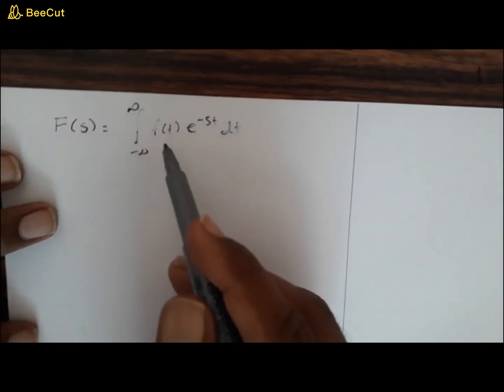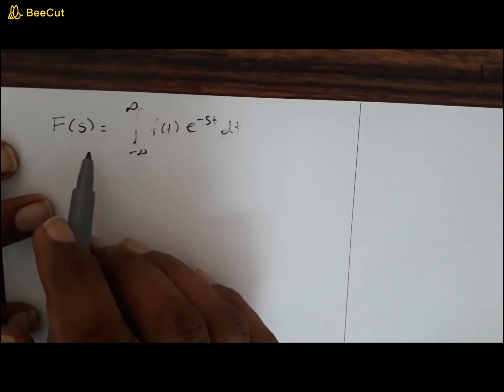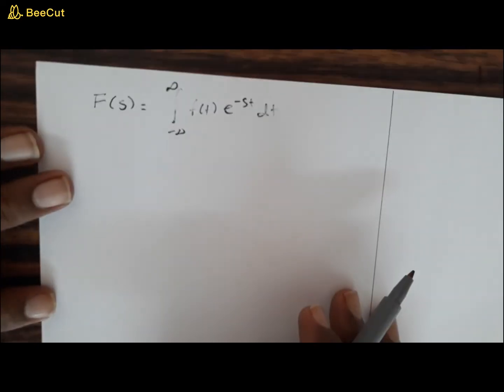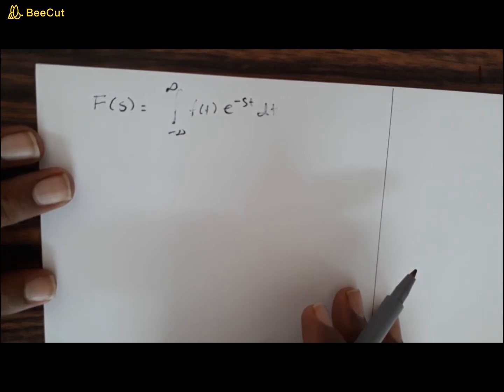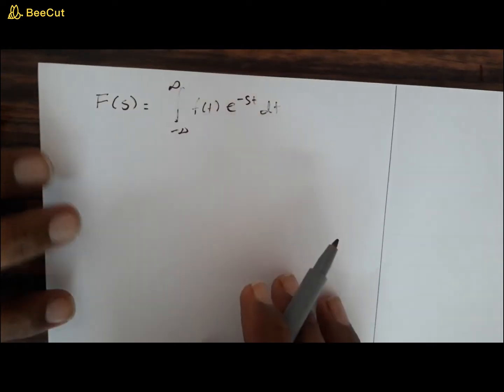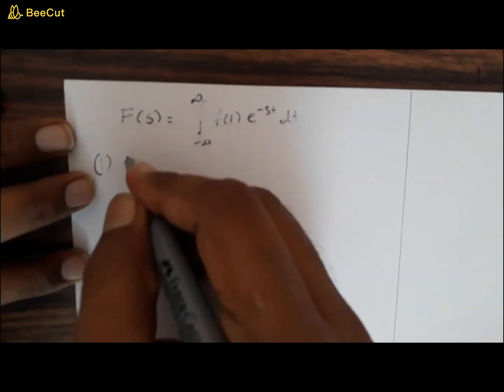We simply used this expression to find its Laplace transform. But in signals and systems, you can be asked about the existence of Laplace transform, which will be specified by the region of convergence, which we have just studied.